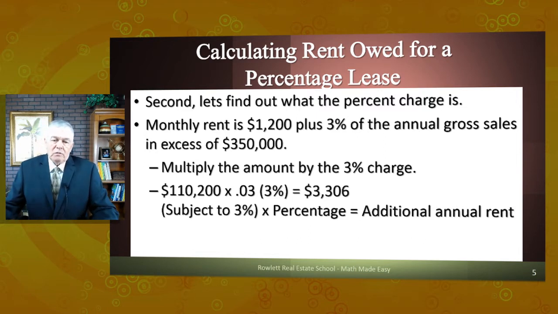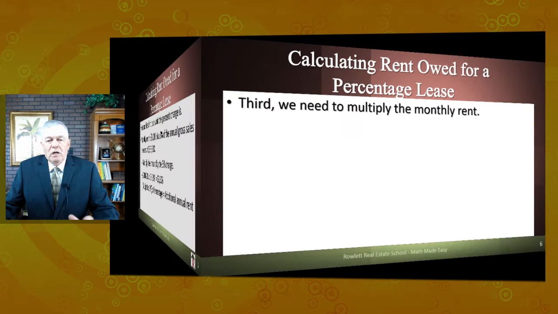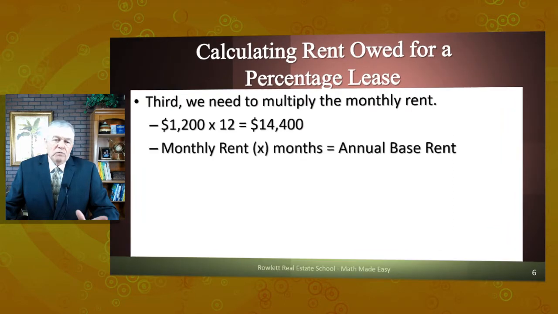3% times that $110,200 equals $3,306. That's the amount subject to the 3%. Now we got a monthly rent of $1,200, and we take that times 12. We come up with $14,400.